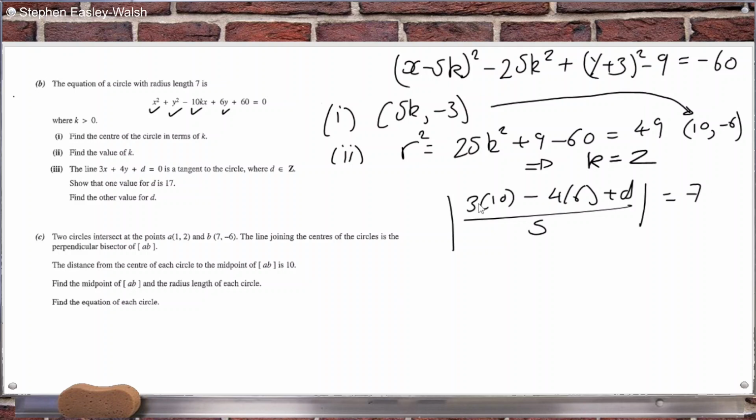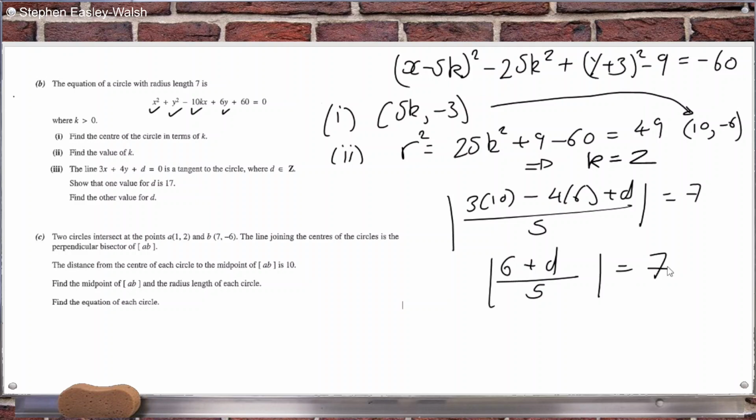So that's 3 times 10 minus 4 times 6 plus d. Okay, so that is 6 plus d, over 5, modulus, equals 7.